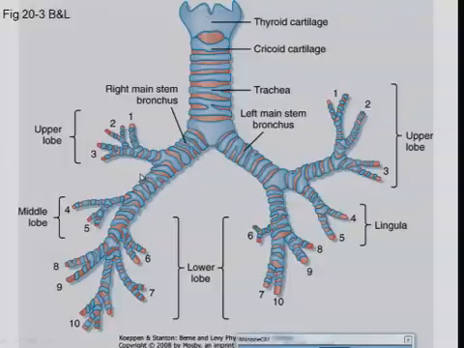They're similar, but you can see here we have three branches on the right side: the upper lobe, the middle lobe, and then the lower lobe. As opposed to the left, which just has the upper and the lower. There is no middle lobe. So this small little middle lobe is the only thing that's much different between the two sides.